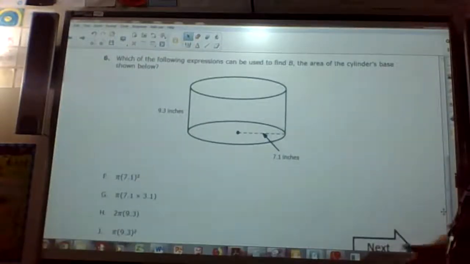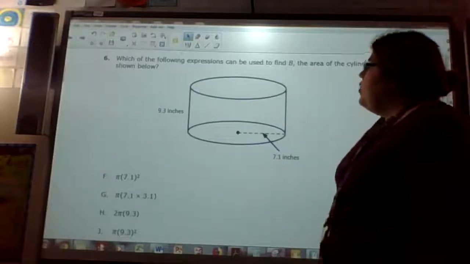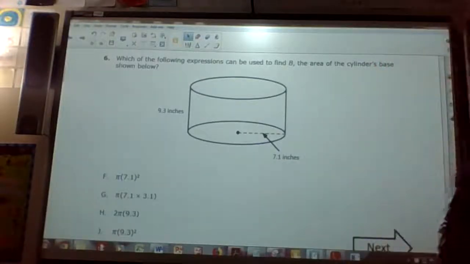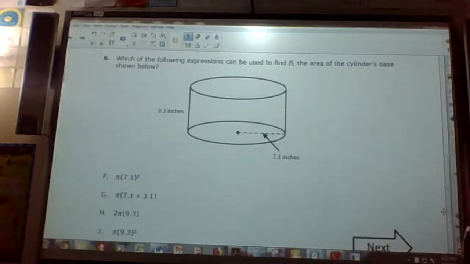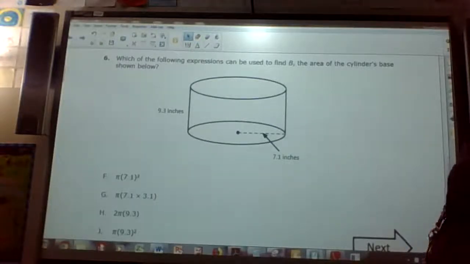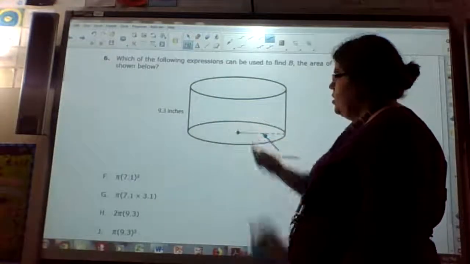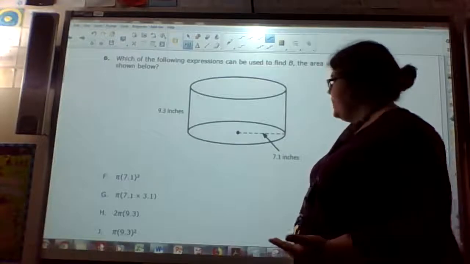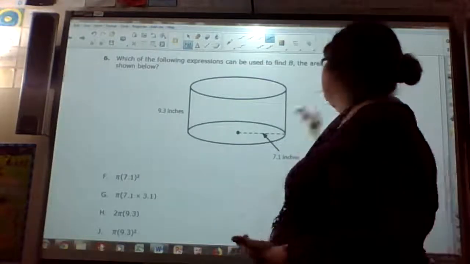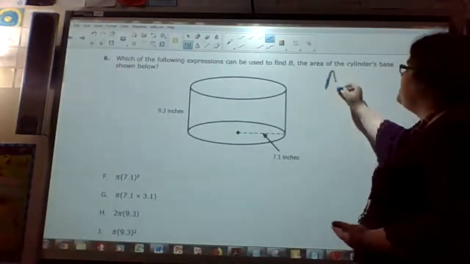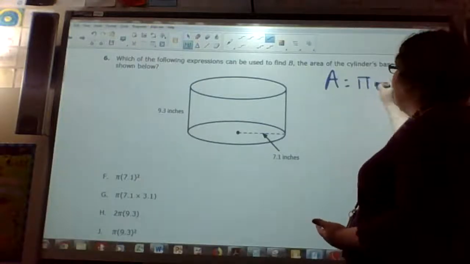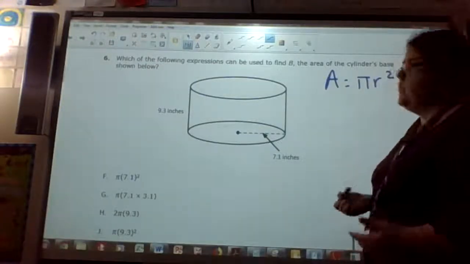Number 6, which we just got a test on today. Which of the following expressions can be used to find capital B, which is the area of the cylinder's base shown below? Well, the base is a circle. So we're going to go to our star chart. And on our star chart, it states that area of a circle is pi radius squared.